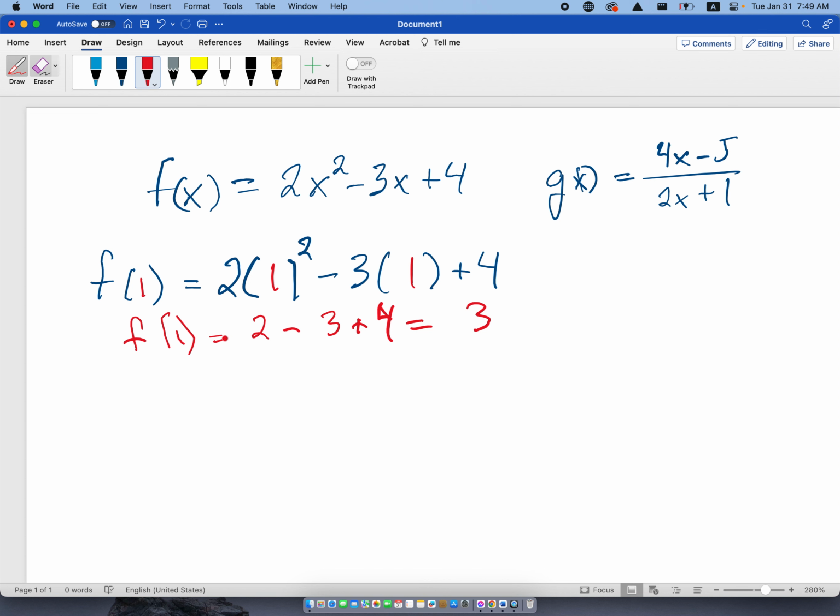You can do this. But the other thing we're going to ask you to do is what's called composition of functions. Composition. So that would be something like f of g of x.